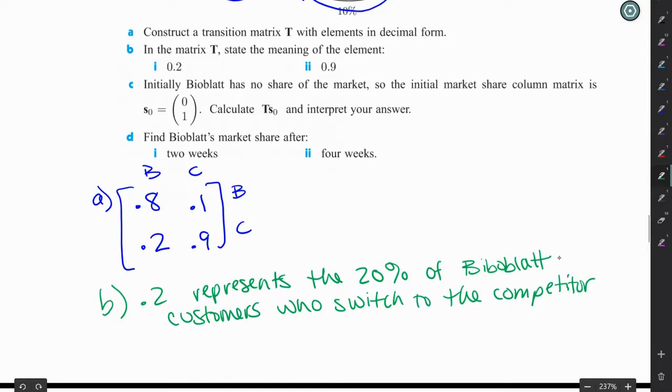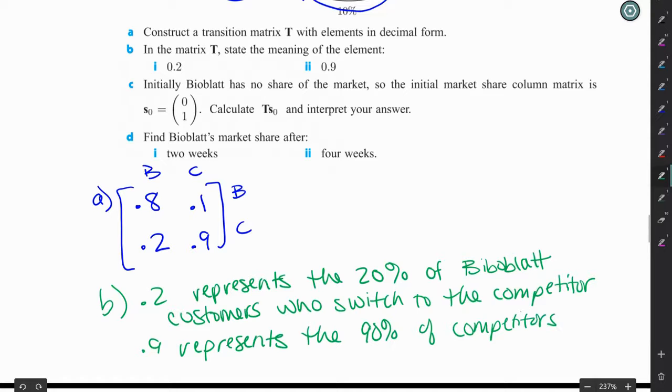And then the 0.9 represents the 90% of competitors who do not switch to Bibelblatt.